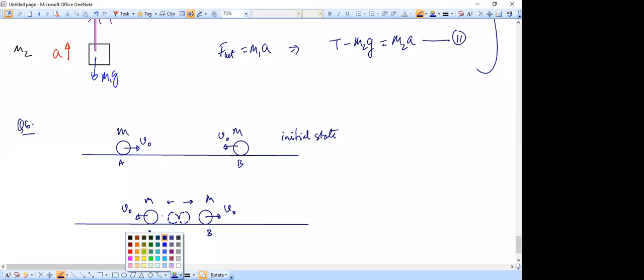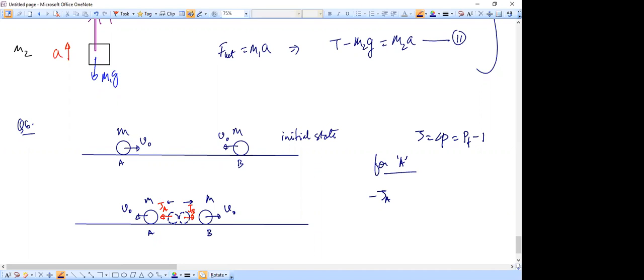So this is the impulse that acts on A because of B, and this is the impulse that acts on B because of A. Now we just have to apply that impulse momentum equation to each one. Impulse is equal to change in momentum. For A, the impulse is minus J, and there should be final momentum minus initial momentum, because I'll take this direction as my positive x direction.